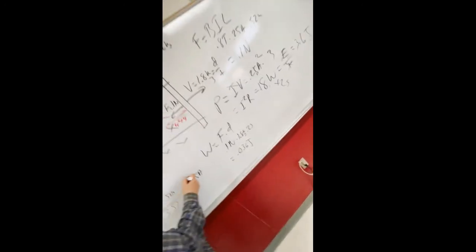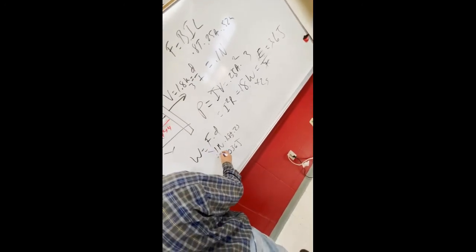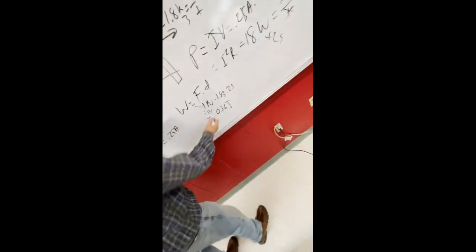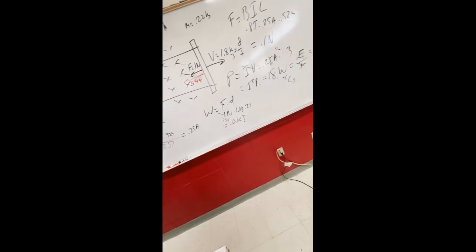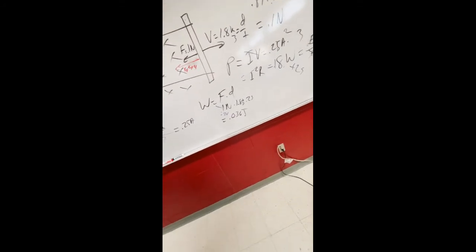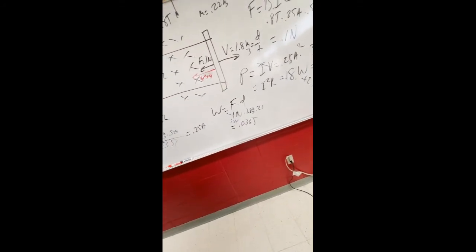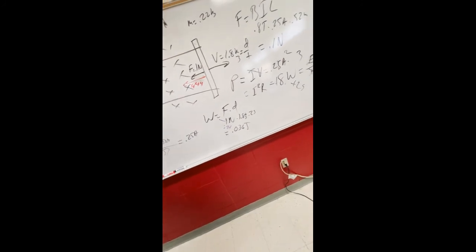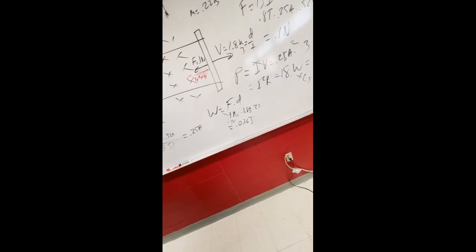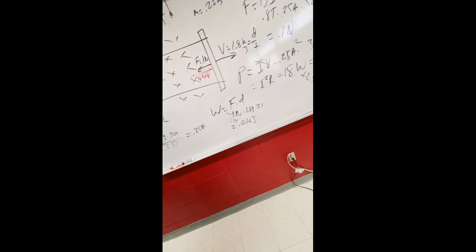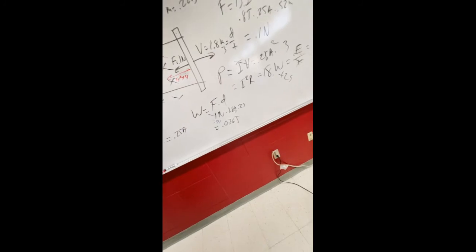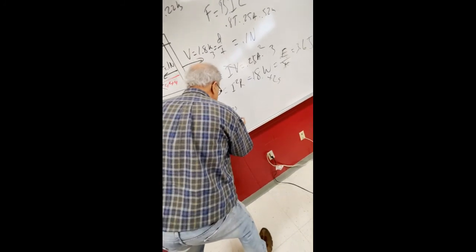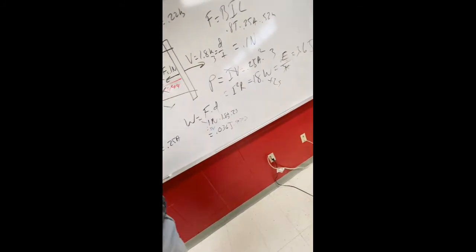And now we put that down there, which is going to be 1.8 or 0.18? 1.8. 0.54 times 1.8, yeah, 0.972. So it should be 0.972 joules.